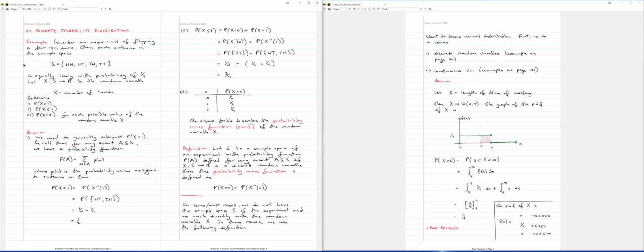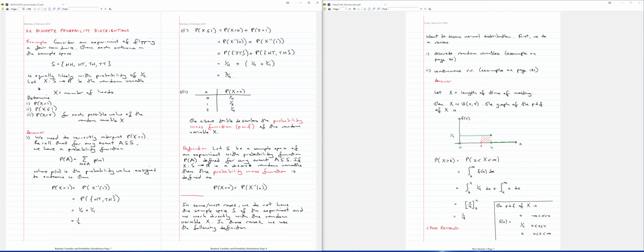Because the coin is fair, each of these outcomes is equally likely, which means the probability of each one occurring is a quarter. So this is your sample space associated with this experiment.